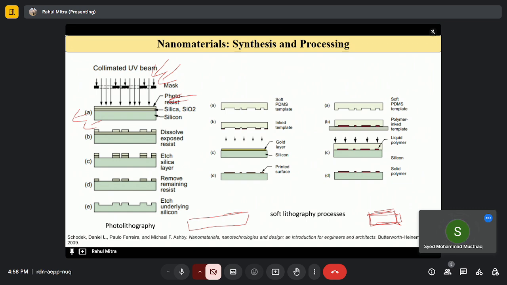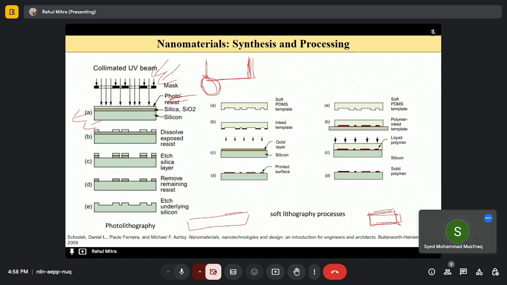After that, we dissolve the exposed resist, and then we do the etching to remove the silica layer. The concentration of etchants should be maintained, because if we have very highly corrosive etchants, they can eat away the unwanted surfaces, right?